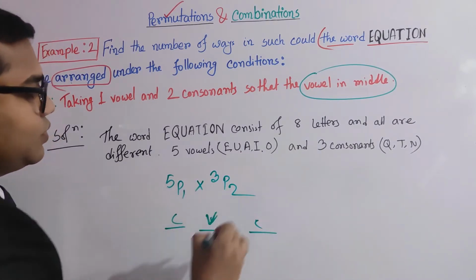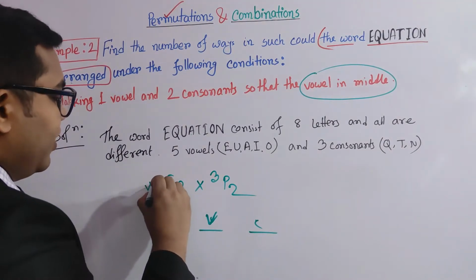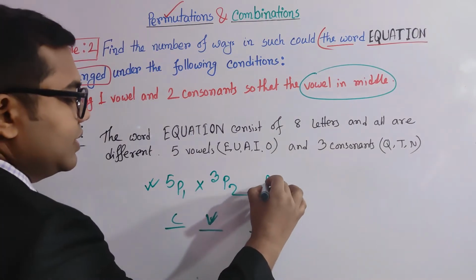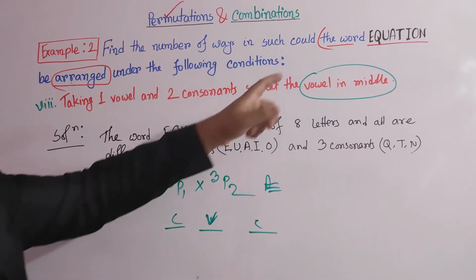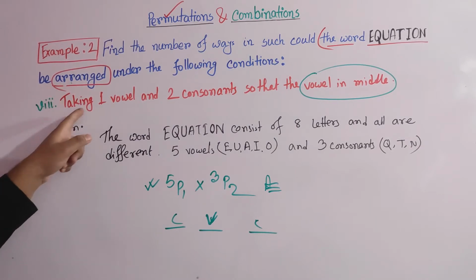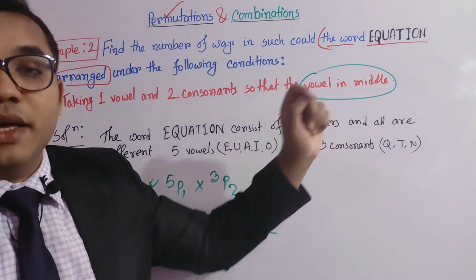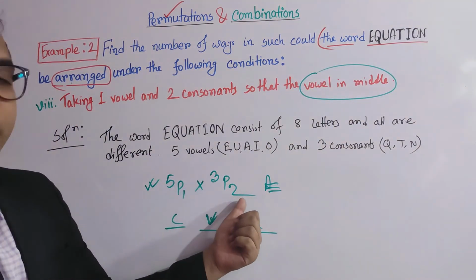Okay, so from 5 vowels we can take 1 by 5P1 ways, and from 3 consonants we can take 2 by 3P2 ways. So this is the way we can go for the answer. So our answer is this. How can we write this? We can write that the word arranged taking 1 vowel and 2 consonants, so that the vowel is in the middle, is equal to 5P1 into 3P2.